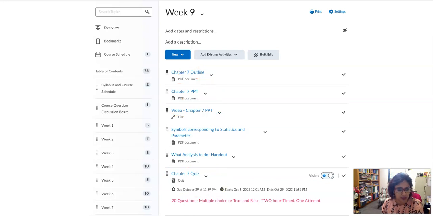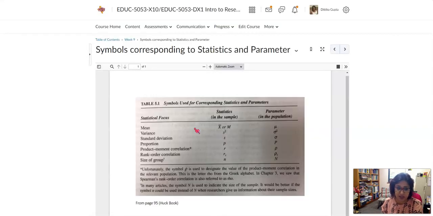The next thing that you have is I have put these two documents there. These are just for your reference. I would strongly suggest to keep it for your applied research, whoever you have for it, because these documents give you a very clear idea about statistics. Like here, this is from your book, is basically talking about the symbols.